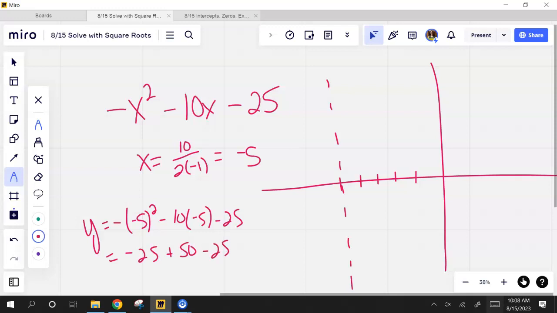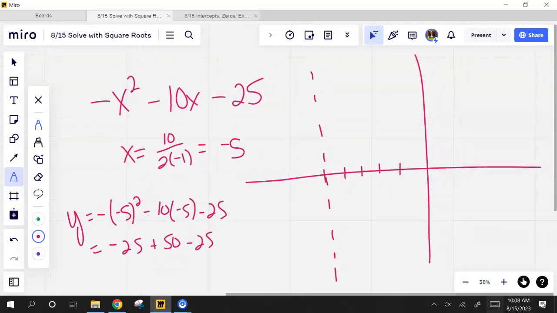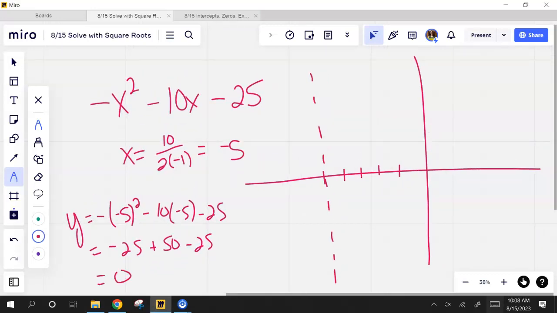Yes, you can do that too. Okay. Now I need another, what's wrong? Well, if you took out a negative 1 like this and you did x squared plus 10x plus 25.